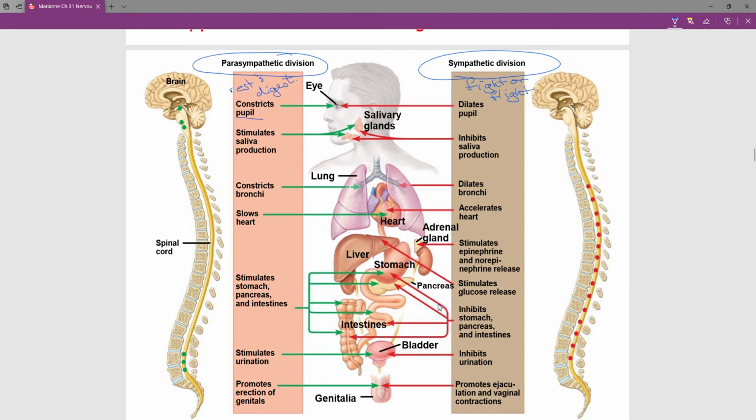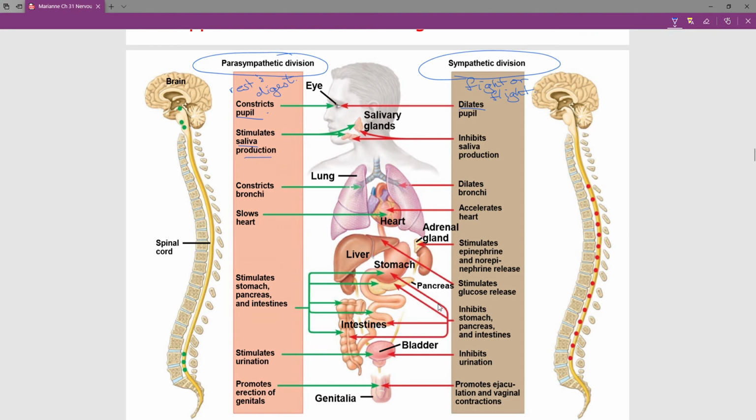If you're getting ready to fight off the bear, your pupils are going to dilate or get bigger, right? So one gets smaller, one gets bigger. In the rest and digest, you're going to drool, I guess, or stimulate saliva production, because that's part of digestion, right? In the fight or flight, you're going to get dry mouth when you have to give that speech in front of the class, right? That's the sympathetic division of your autonomic nervous system.